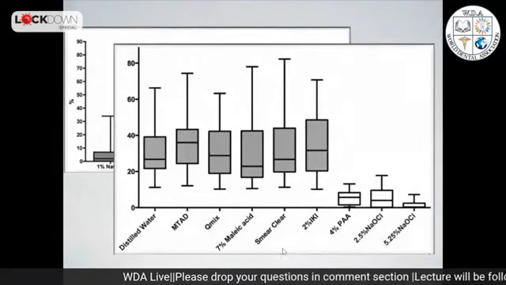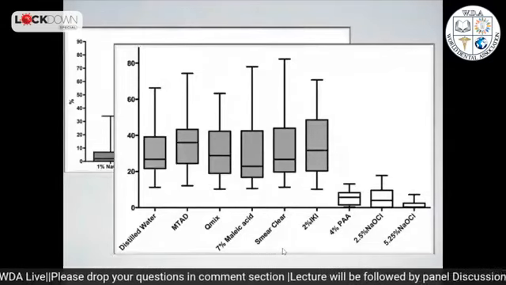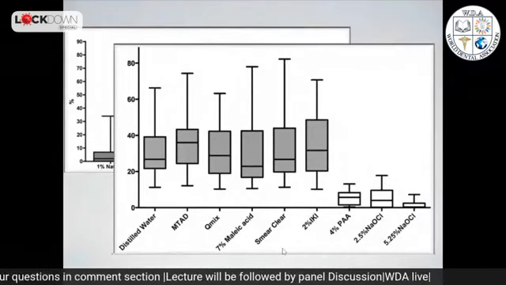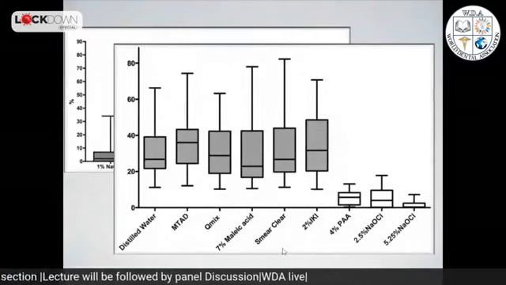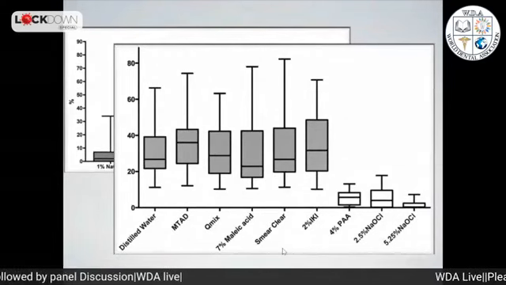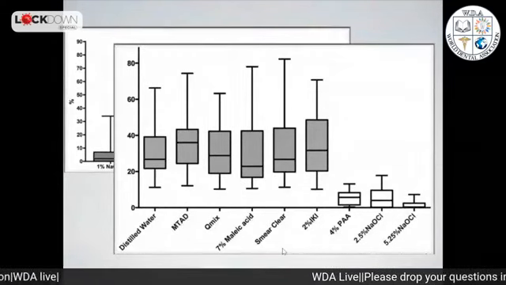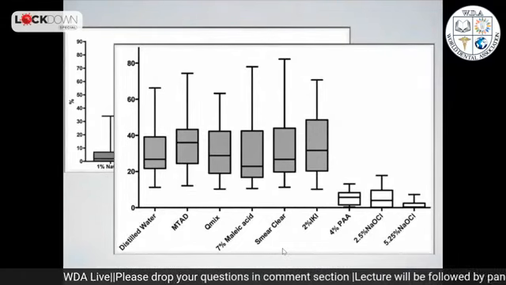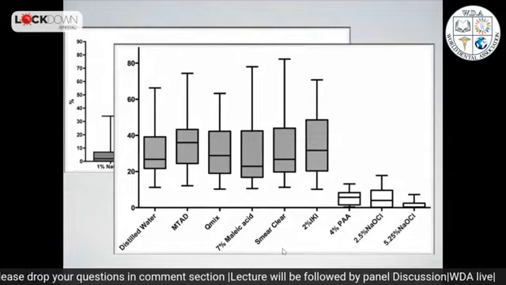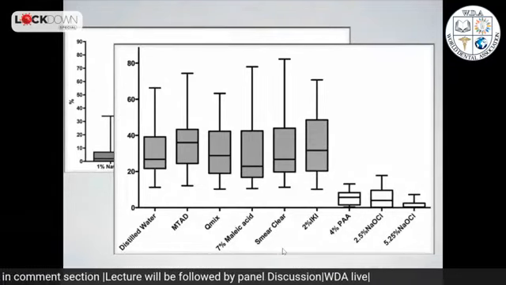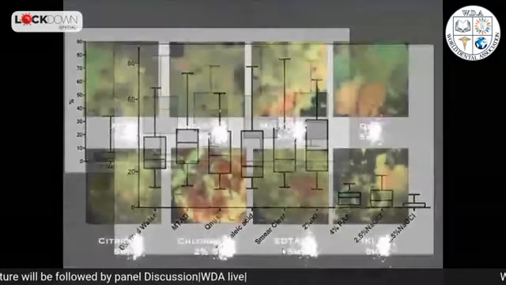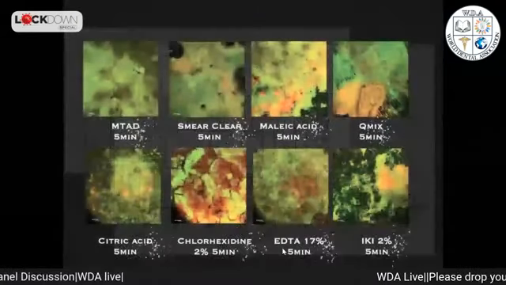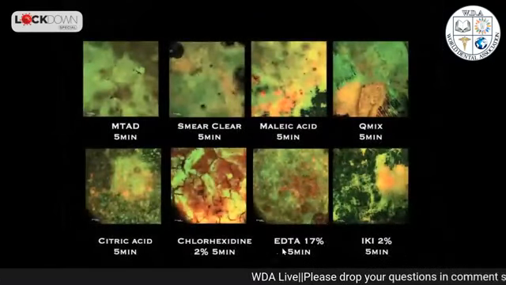The same for Alchemix or 7% malic acid or SmearClear, that is EDTA plus detergents, and even IKI, that is iodine potassium iodide. They weren't so good compared to all these oxidizing agents such as the low and the full strength sodium hypochlorite concentrations.